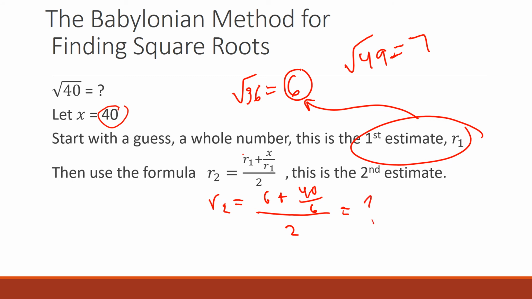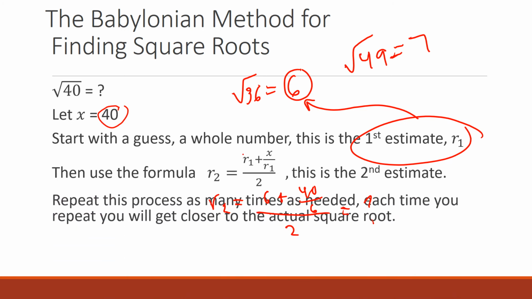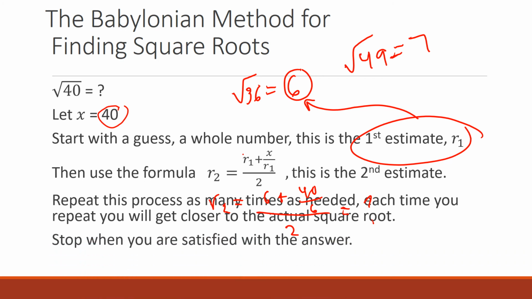That's called our second estimate. I'll do the calculation on the next page. We repeat this process as many times as needed. Each time you repeat, you're going to get closer and closer to the actual square root. Stop when you're satisfied with the answer or when the instructions tell you to stop.